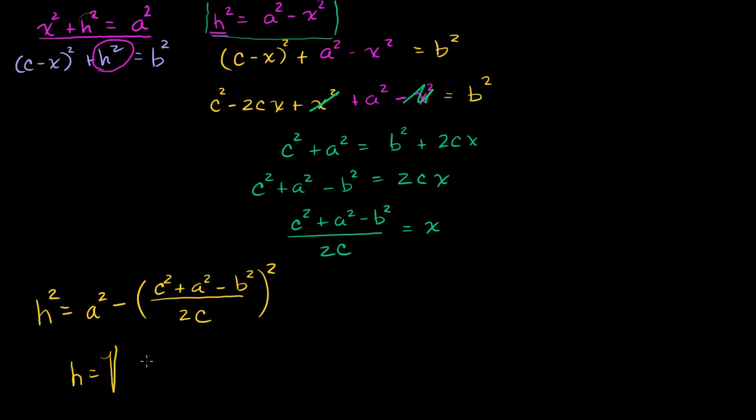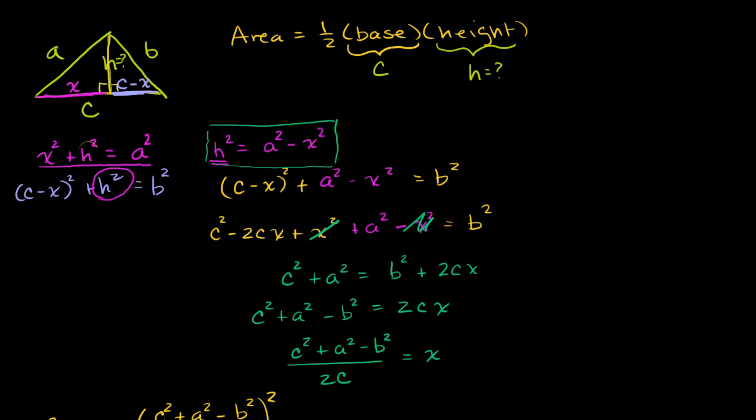The square root, make sure I have enough space, of a squared minus all of this stuff squared. We have c squared plus a squared minus b squared, all of that over 2c. That is the height of our triangle, the triangle that we started off with up here.